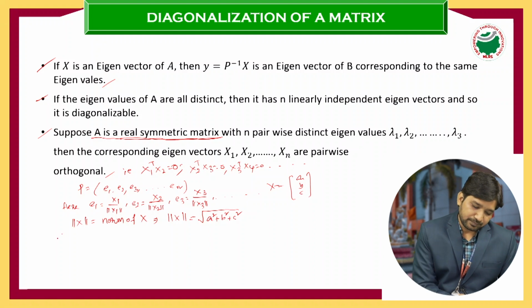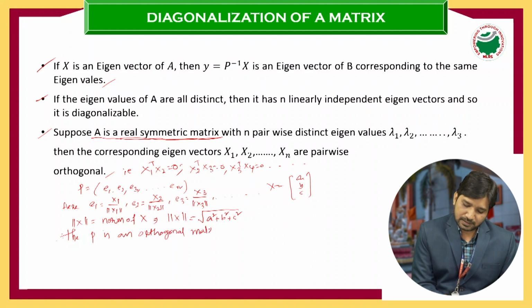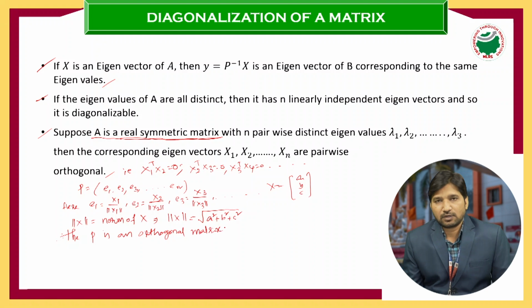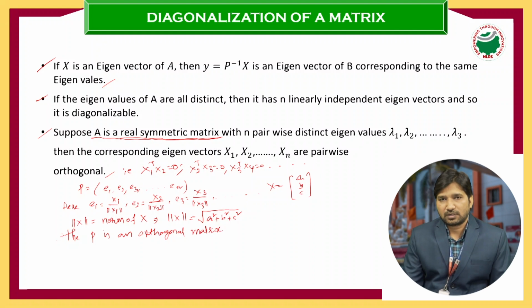Then P is an orthogonal matrix. Definitely pairwise orthogonal means P is also an orthogonal matrix.